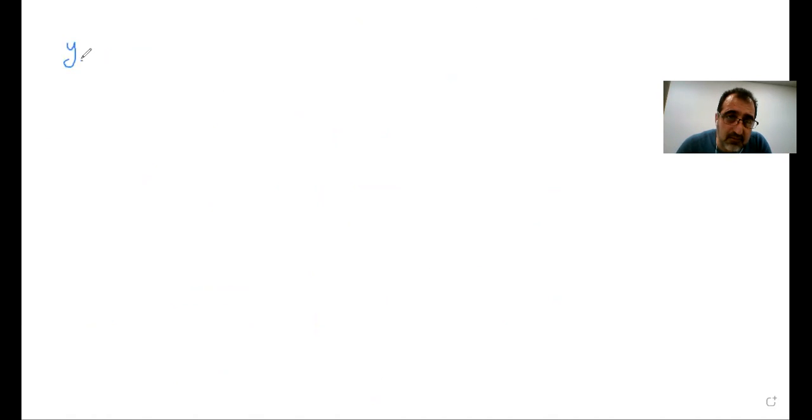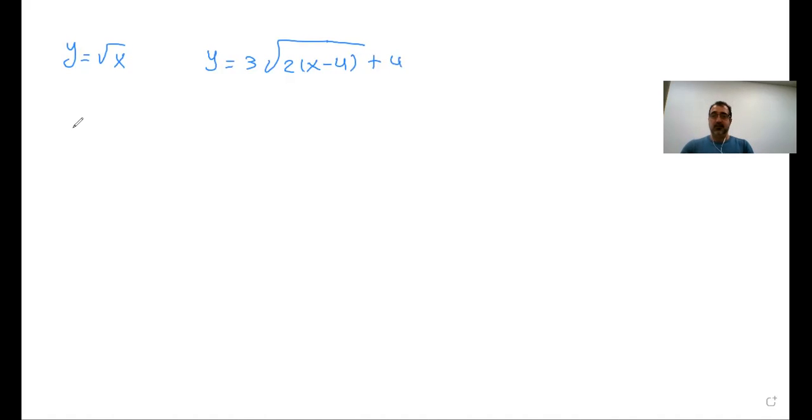For instance, we have y equals root x as a parent function, and y equals 3 root of 2(x minus 4) plus 4. We know how root x looks. Now we're going to have the transformed one. I suggest starting with a table of data, x here, y here.